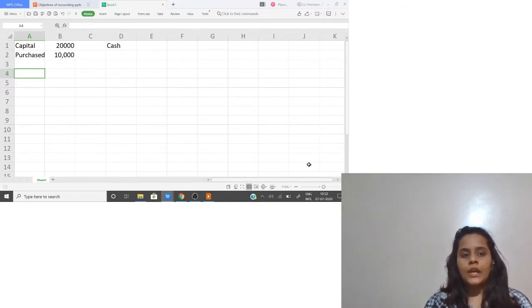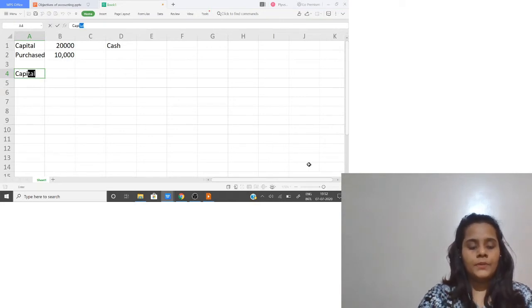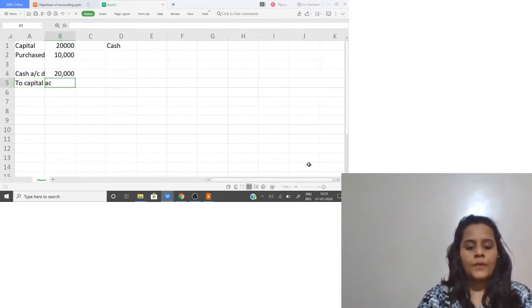So what do we do in accounting? We will record these transactions in the form of journals. So the accounting entry will be cash account debit 20,000 rupees to capital account 20,000.